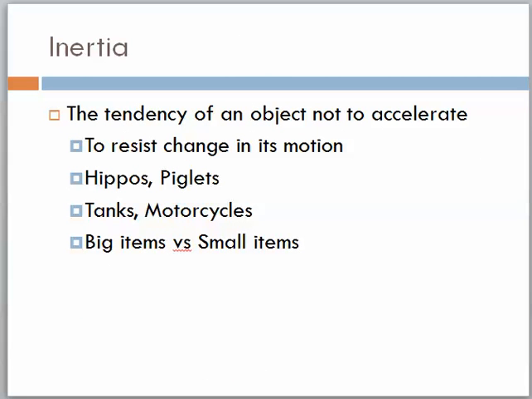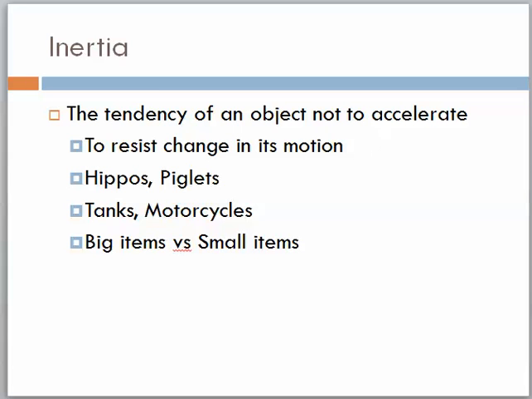Inertia, the last thing I want to discuss here today. Inertia is the tendency of an object not to accelerate. Accelerate, again, means to change direction, speed up, or slow down. Well, it means inertia has this tendency to resist change to its motion.